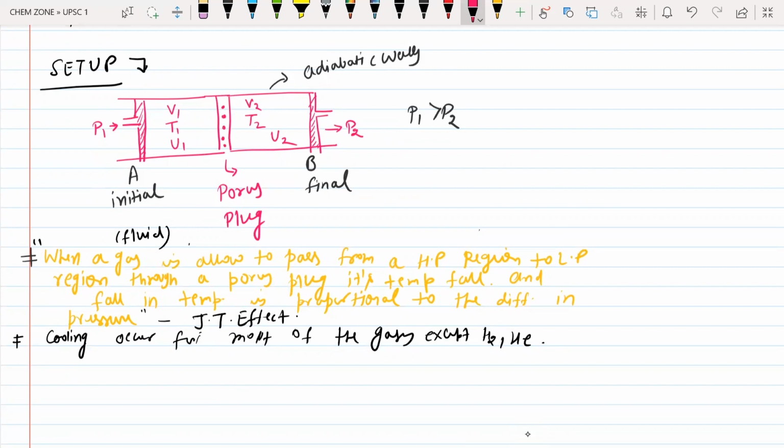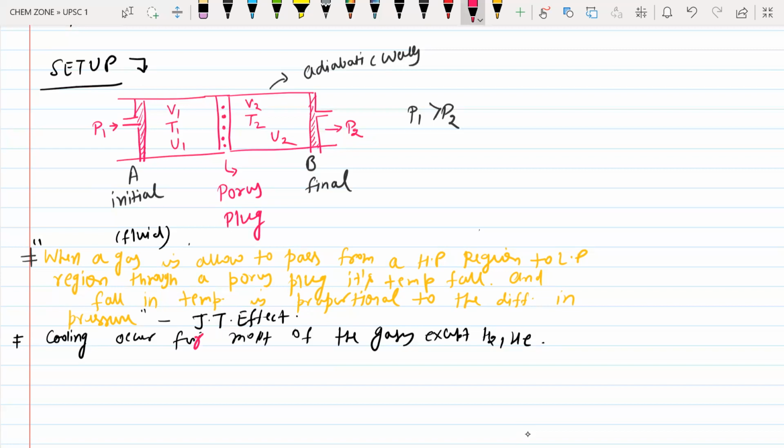As an effect, we observe that cooling occurs for most of the gases. It means when we allow a gas to move from a high pressure region to a low pressure region, its temperature decreases. That is, cooling occurs during this process.